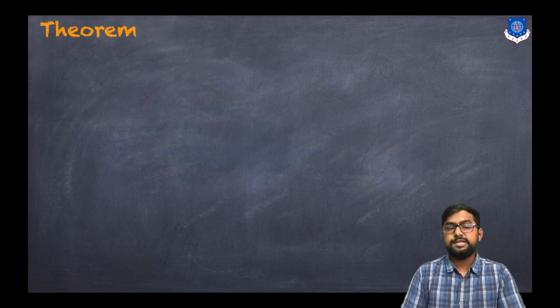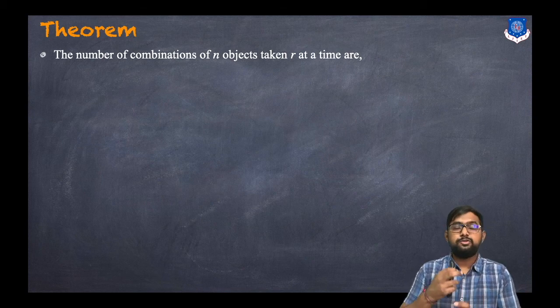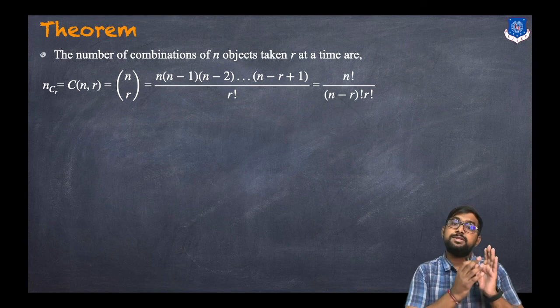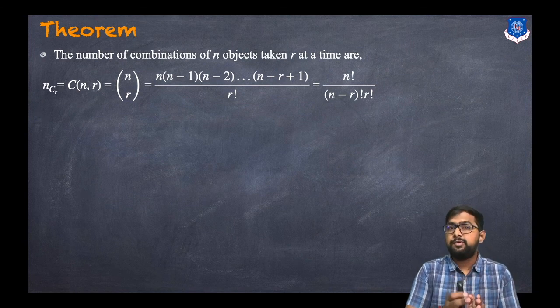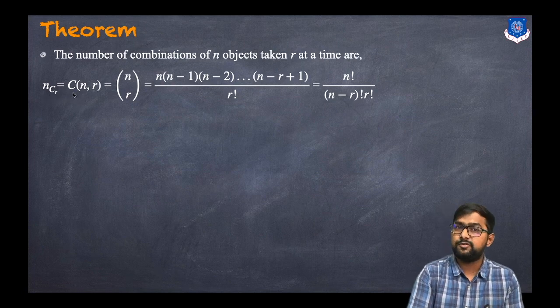Let us discuss the theorem: the number of combinations of n objects taken r at a time. In permutation we had nPr, and in combination we have nCr. That is the notation, where C stands for combination.